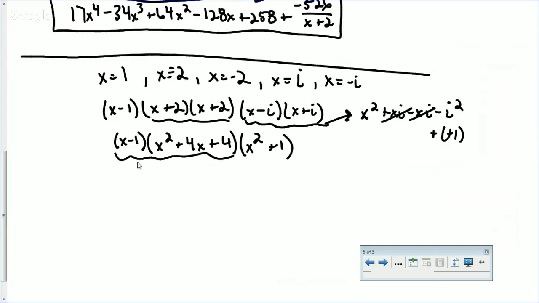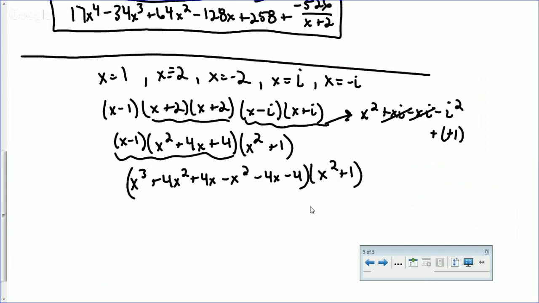And you keep going. So FOIL these two or distribute. You've got x to the third plus 4x squared plus 4x minus x squared minus 4x minus 4, times x squared plus 1. Combine like terms, so this one and this one cancel. So you'll have x to the third plus 3x squared minus 4, times x squared plus 1.